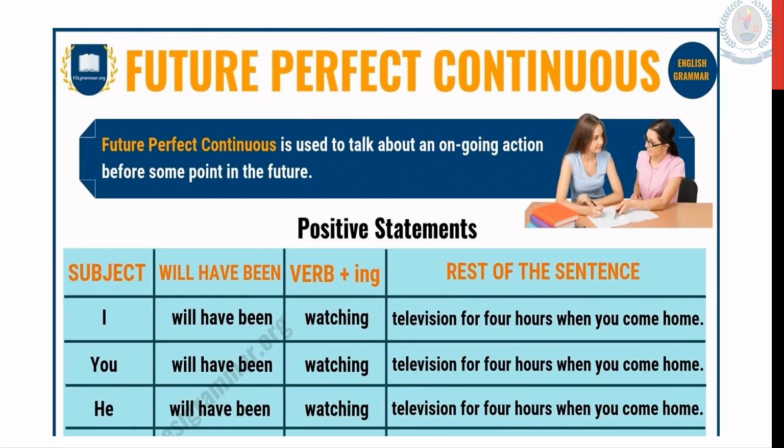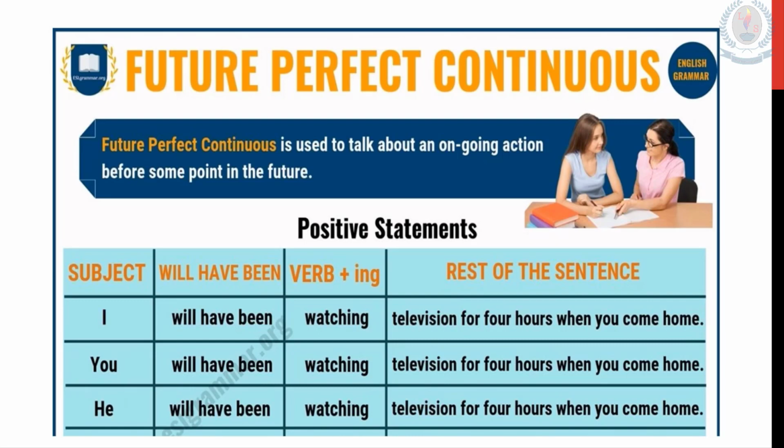Now you can see a number of sentences. Future perfect continuous is used to talk about an ongoing action before some point in the future. So it's very clear to understand the positive statements here.